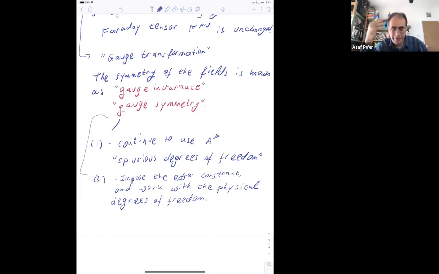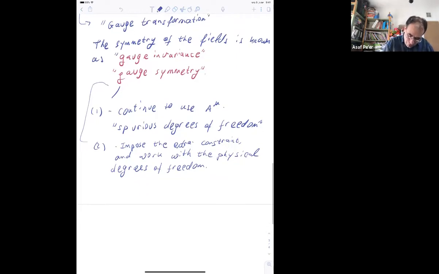This is something which is manifested in the way we write the equations, so we might lose track of that. Of course, which choice we're going to choose depends on what we try to do. Both approaches have their advantages. Here we are going to study the physical degrees of freedom, so we choose the second approach.